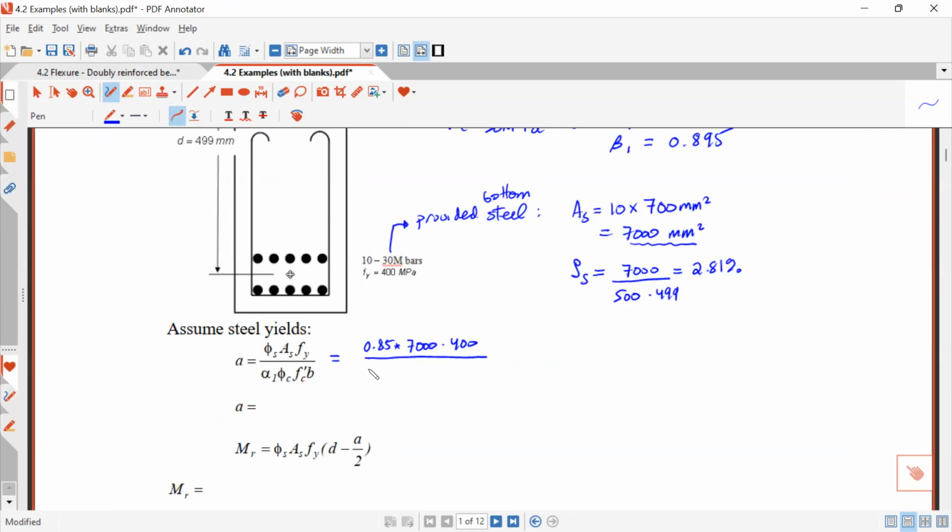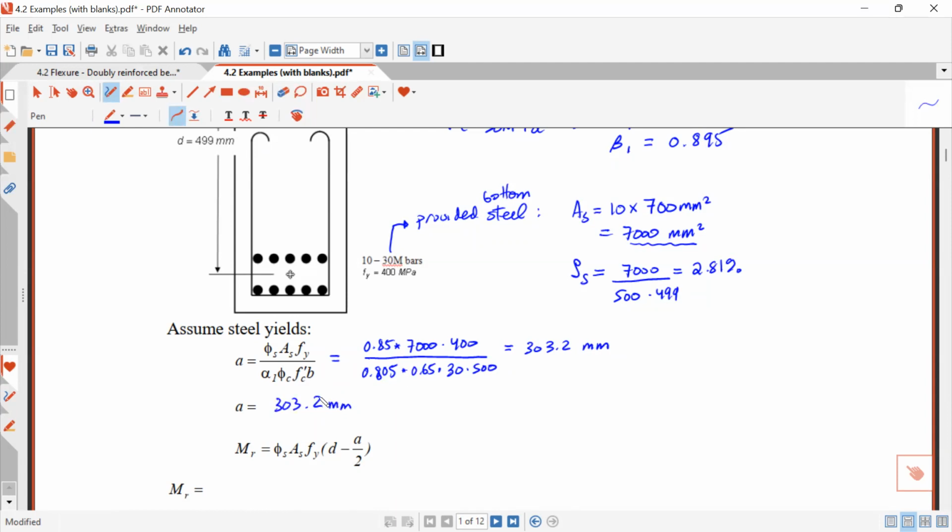And then I have alpha 1, which we have found is 0.805, phi C is 0.65, F prime C is 30, and b is 500. If I do this, I get 303.2 millimeters. Okay, so 303.2 millimeters.